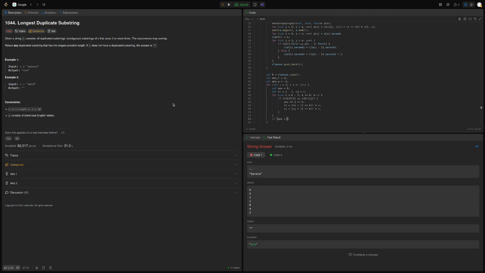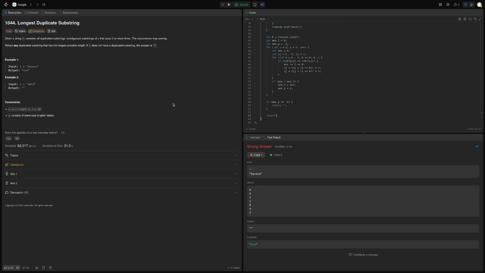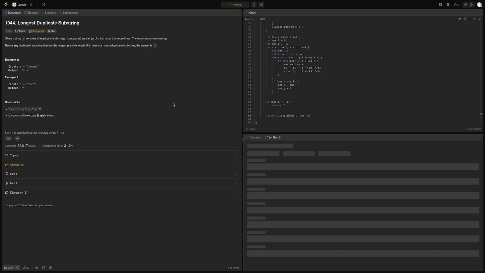If ans over ans length, ans position is i. Okay. And now if ans position is -1, we return this. Otherwise we return S. Actually you don't want i, but maybe you want substr from ans p, ans l maybe.